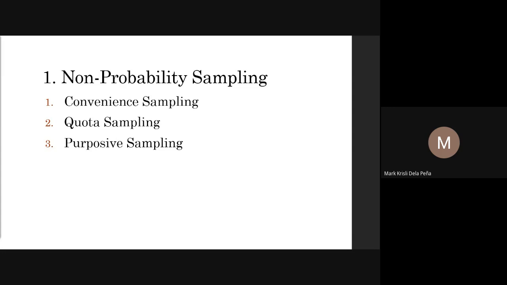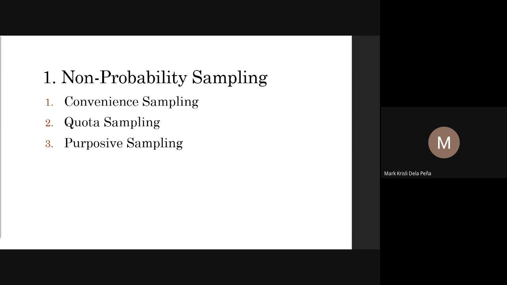Another example might be for a certain product. If you want customer feedback, of course, you will only be asking those who have used your product. You will not be getting reviews from people who were not able to use it.